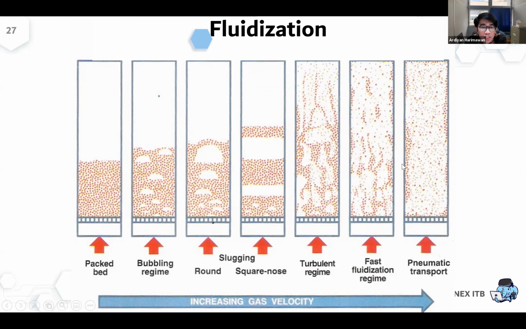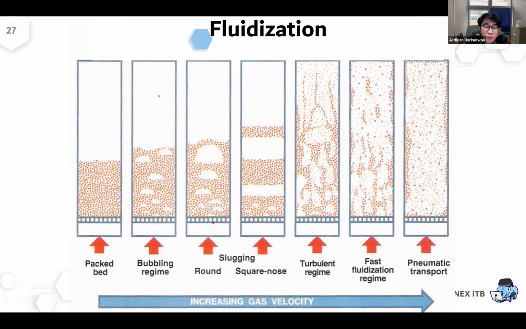Fluidization is one example of reactor design in a chemical plant, especially if you have raw materials in gas phase and catalyst in solid phase. You can conduct the reaction in a packed bed condition, meaning the catalyst is in a fixed position, or in fluidized condition, depending on the reactor.